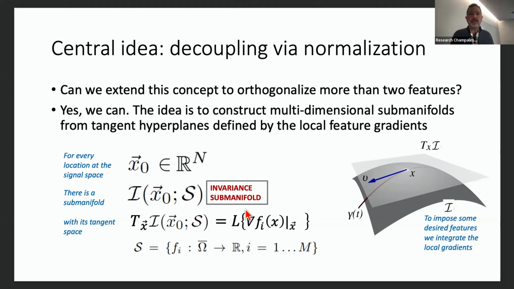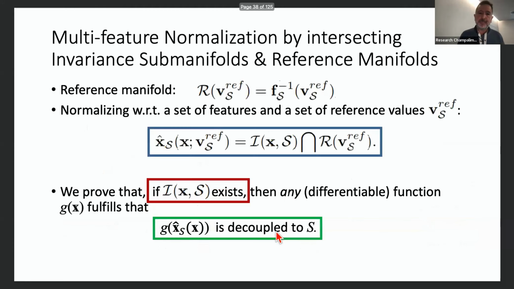So the interesting thing is you have this invariance manifold that you can move along, okay? And the tangent plane is given by the linear combination of your gradients.